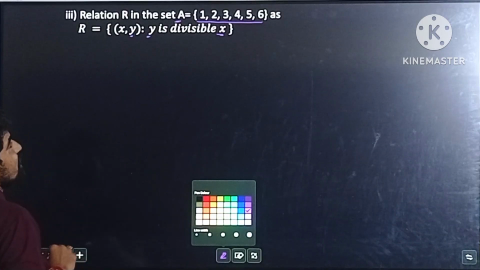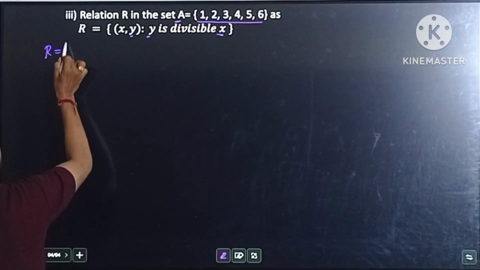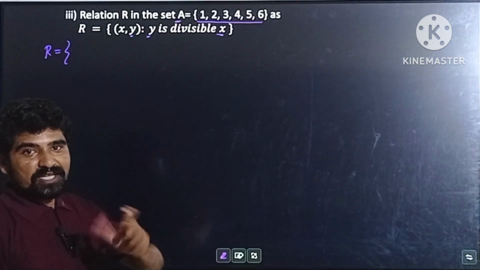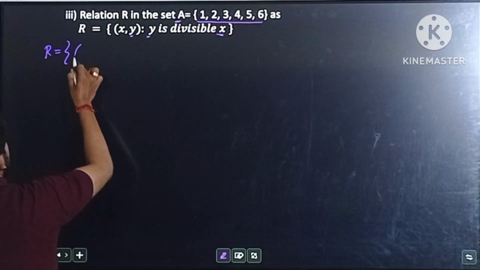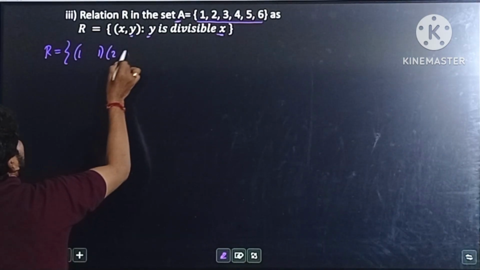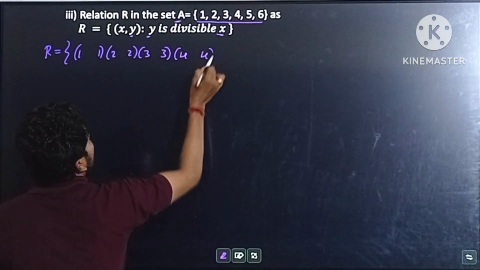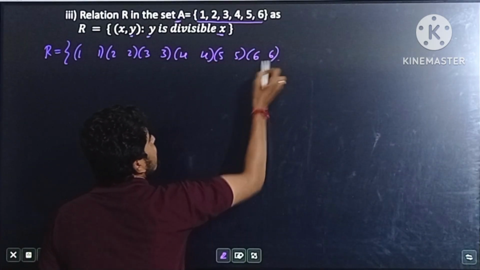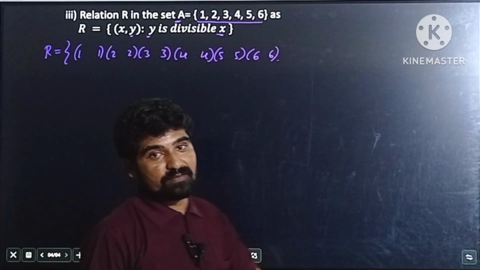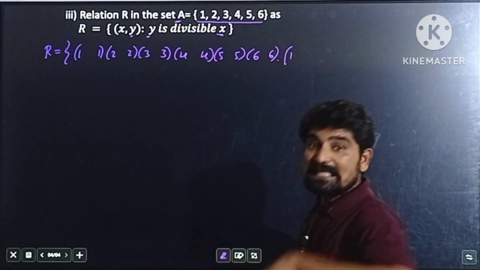So here also we may write the roster form of this relation. Therefore R can be written as, see here we know that every element is divisible by itself. So it means the pairs (1,1), (2,2), (3,3), (4,4), (5,5) and (6,6) are in the relation R. Why? Because every number is divisible by itself. And then 1 divides every element.